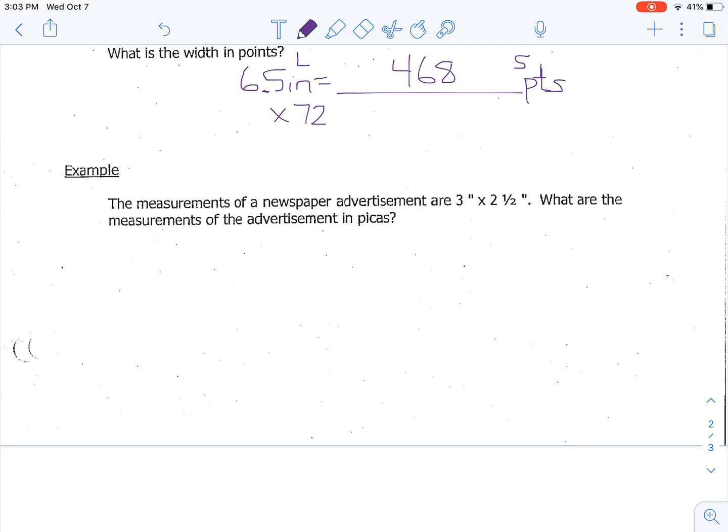So here's our last example here. This says the measurements of a newspaper advertisement are 3 by 2.5. I always like to draw a picture. Okay, that's the best picture I can get, even though it's not going to be perfect.